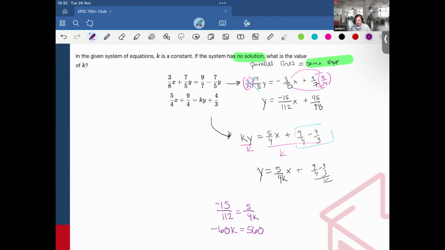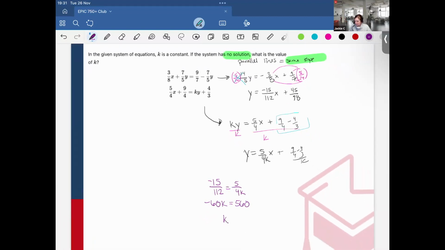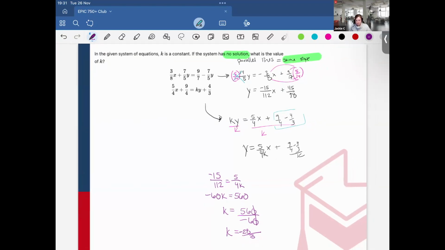Divide everything now by 60, and this would be our answer. Just to show, k is equal to, this reduces by dividing everything by 2, so negative 28 thirds. And that is our answer, or negative 9.3333.